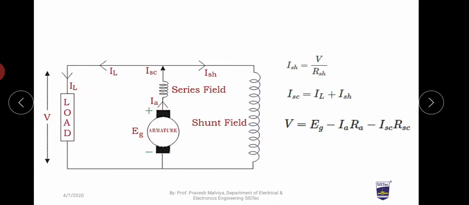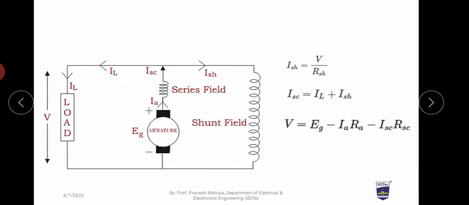Here EG is the generated EMF, RA is the armature resistance, IA is the armature current, and that is the same current which is the series current, and at this node it is divided into the load current and the shunt field current. Mathematically, the shunt field current according to Ohm's law is V upon RSH, where V is the terminal voltage and RSH is the shunt field resistance.